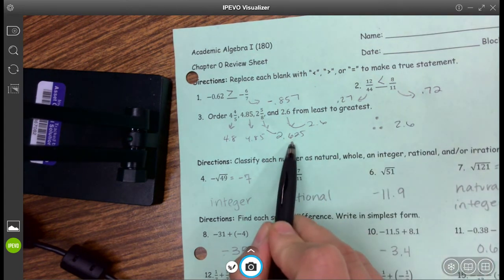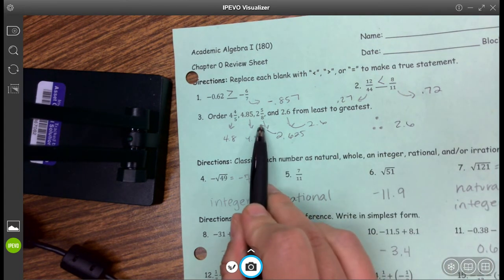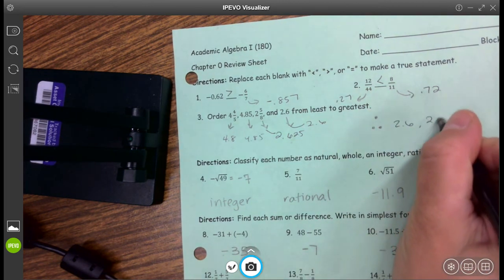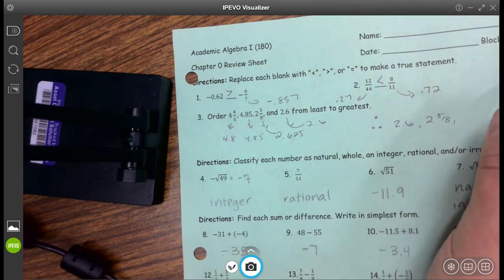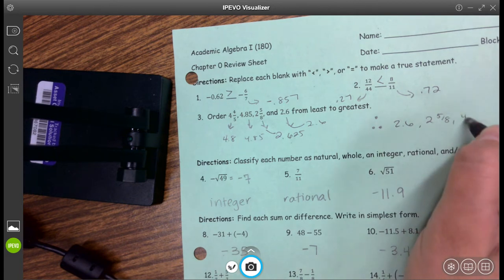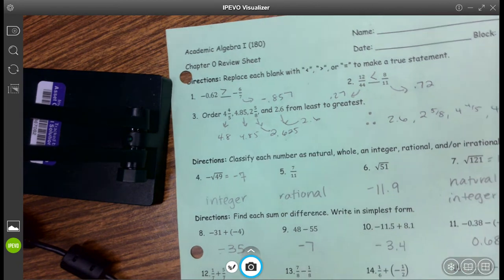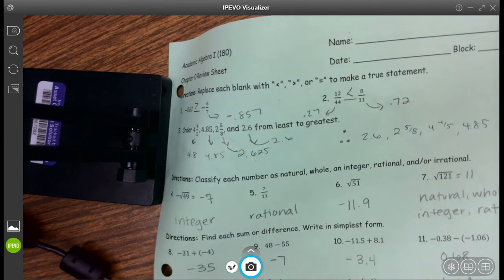Then you would go with the 2.625, but it's originally written as 2 5/8. Then next would be 4.8, which is 4 4/5. And lastly, 4.85. So that's your order, least to greatest.